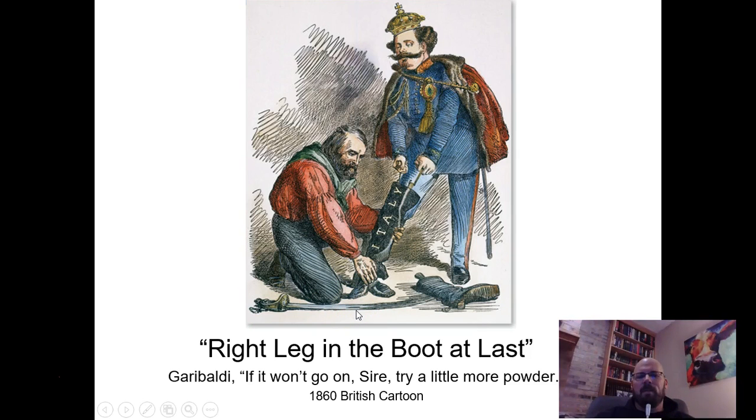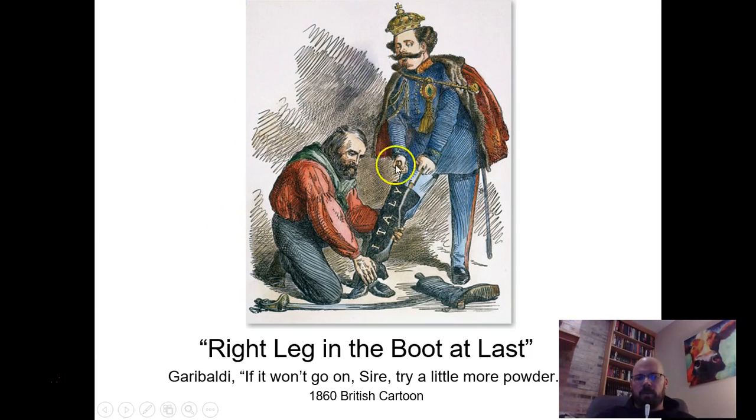He has stopped the fight for the number one goal, and that is to help us finally get the boot, that unified Italian boot. Again, symbolism of the boot, Italy. He is assisting Victor Emmanuel. This is Cavour's man. This is the king of Piedmont. He is now going to be the king of a unified Italy.